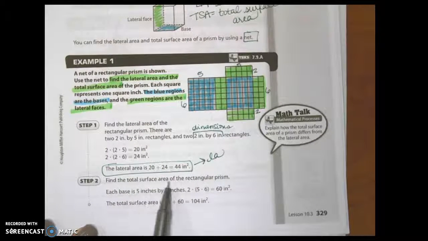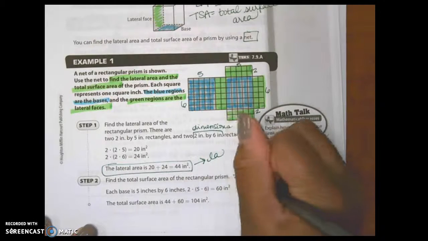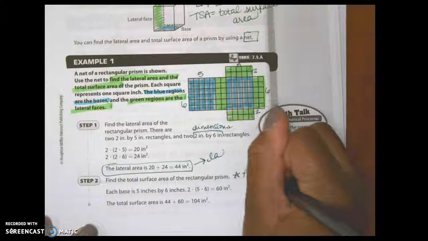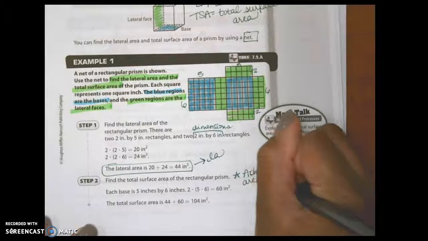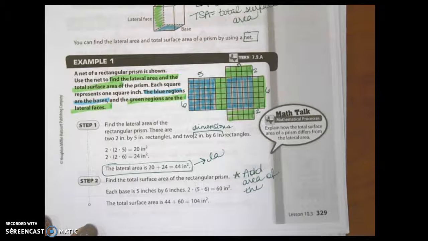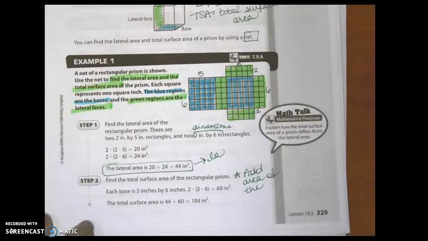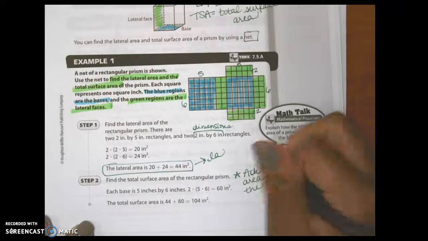Find the total surface area of the rectangular prism. Now what am I doing here? Look back in your notes. The bases.